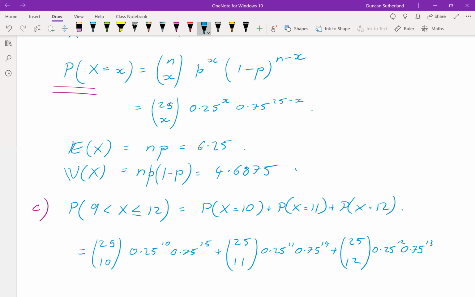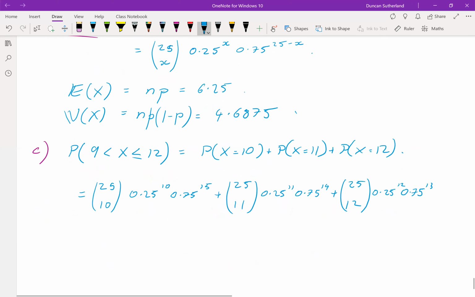So this is some icky number. When you actually compute it, it is allegedly 0.068.